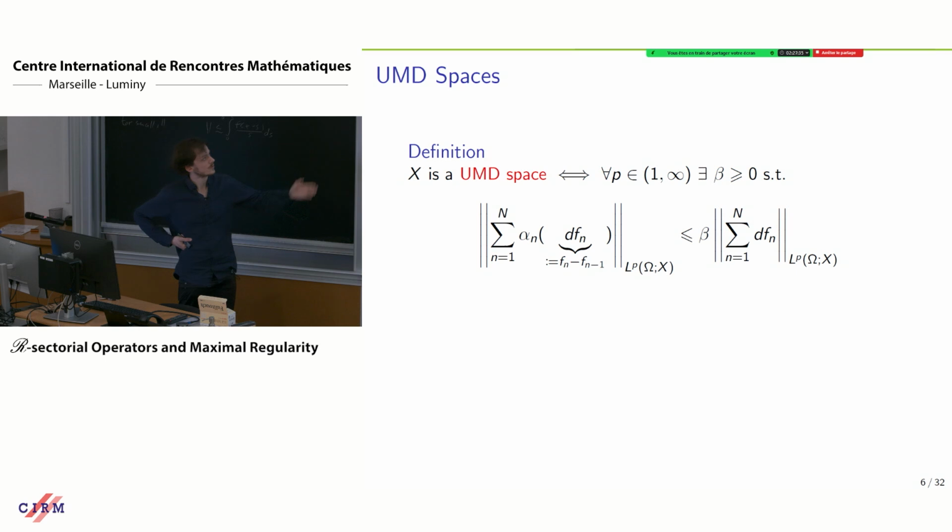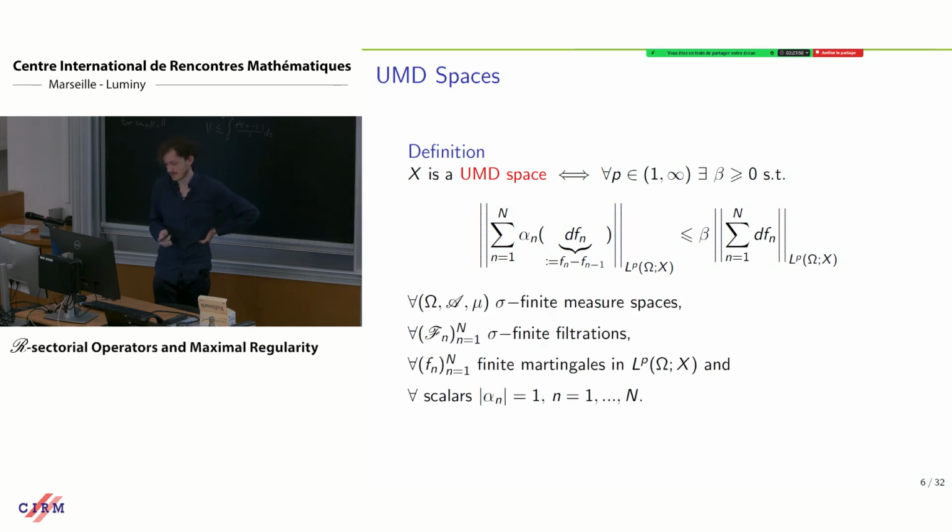It's if for every p between 1 and infinity, there exists some constant such that this inequality holds. Here, the f_n is the martingale difference. I should say UMD stands for unconditional martingale difference. And this holds for all measure spaces, sigma-finite filtrations, finite martingales, and scalars.